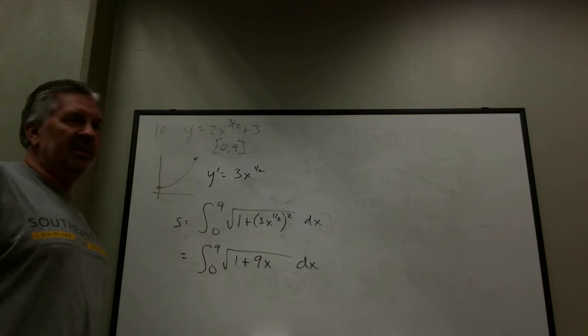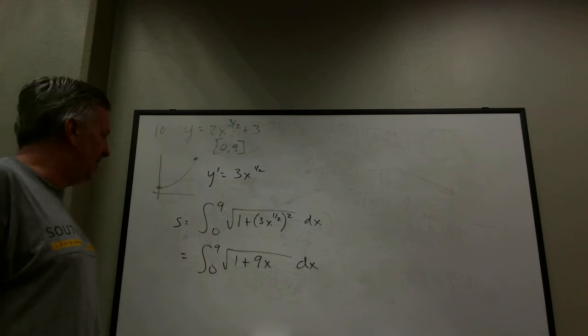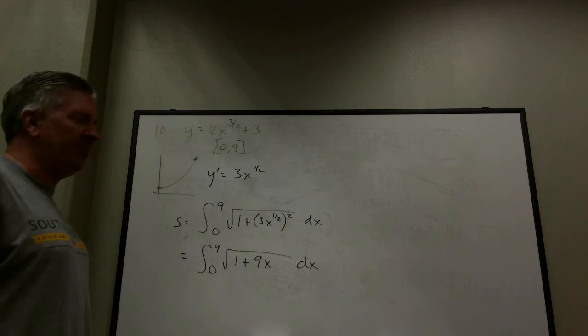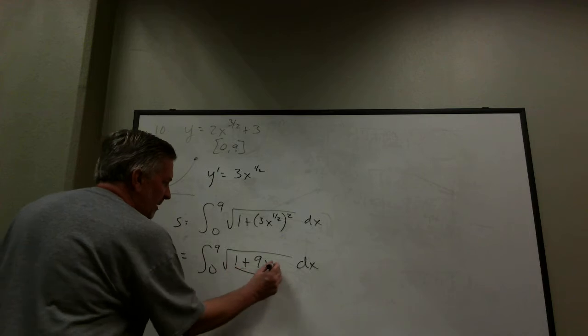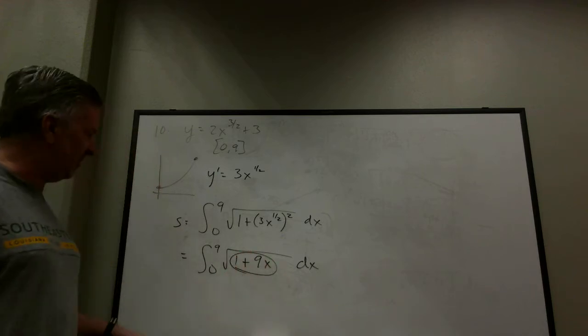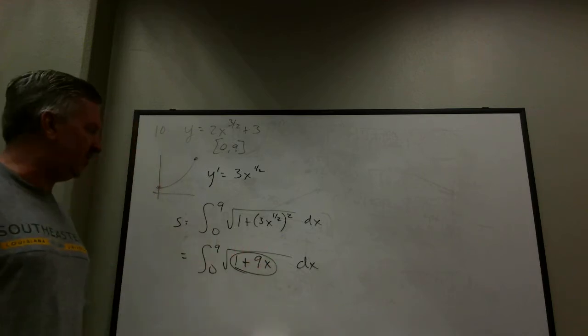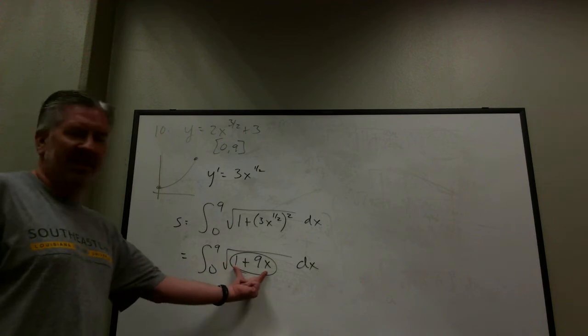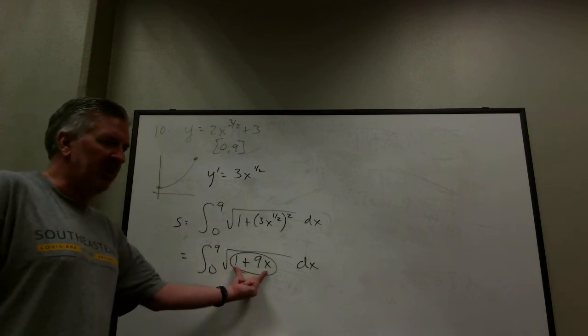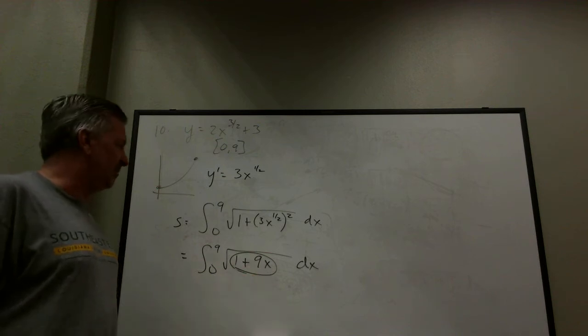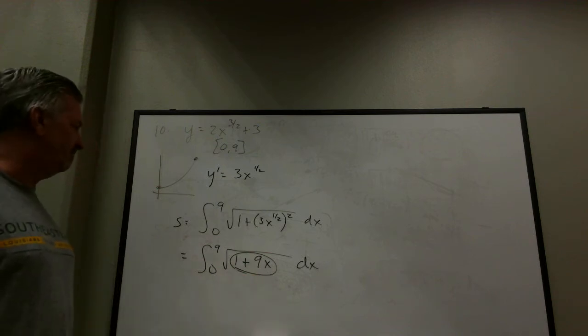Well, the answer is yes, it is straight integration, because what would your substitution be? If I were going to work out a substitution, I would let u be 1 plus 9x, wouldn't you? Because then you'd have square root of u, which you can integrate. But notice that's a linear substitution, so it is a straight integration. We learned last time we don't have to work out the linear substitution problems.